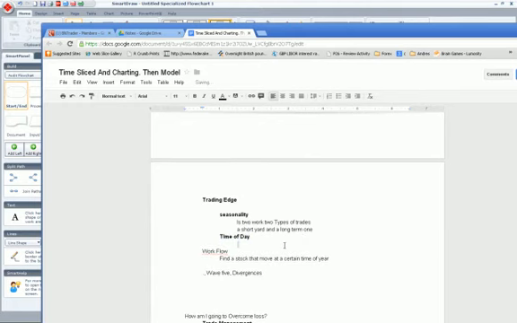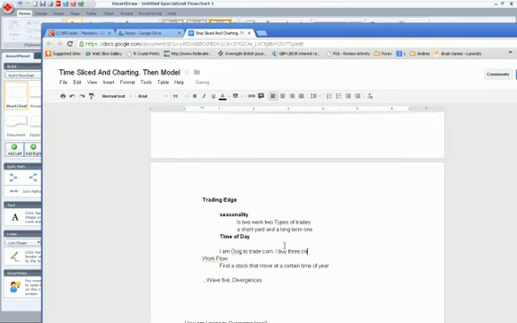And when I explain this to you, it'll be a lot easier. So, let's just say that I was going to trade corn. I'll give you a written example. I am going to trade corn. And I buy 3 calls. And it moves, and it moves, and it moves.